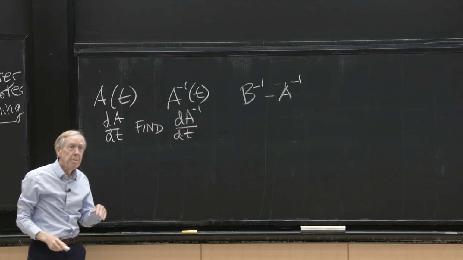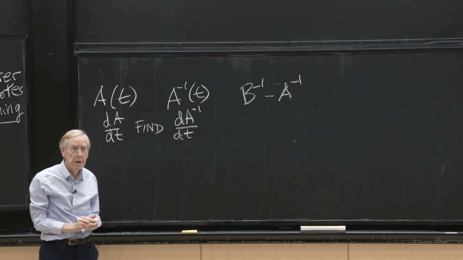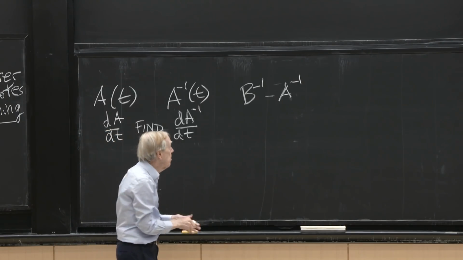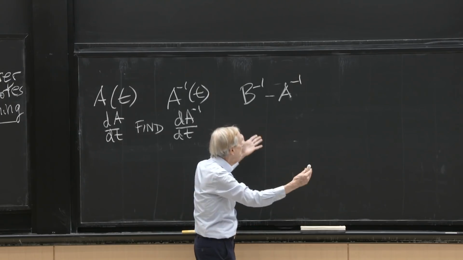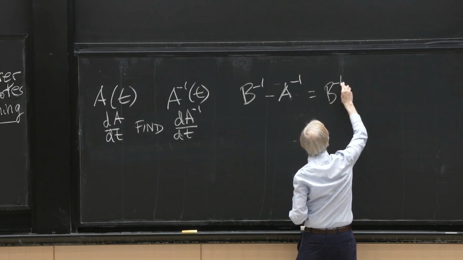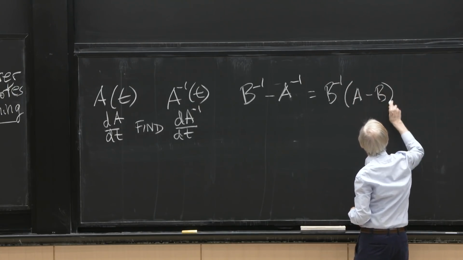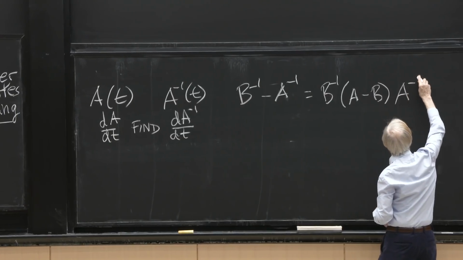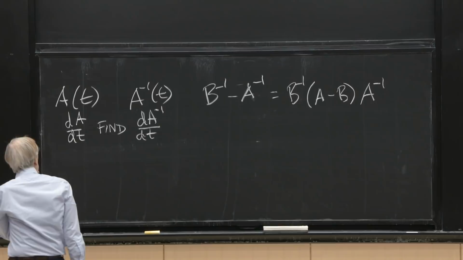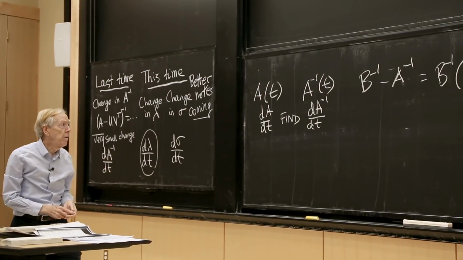So as last time, I start with a finite change, because calculus always does that, right? Starts with a delta t, and then it goes to 0. So here I'm up at the full-size change. So I think that this is equal to B inverse A minus B A inverse. And that's, if it's true, it's a pretty cool formula. And look, it is true.